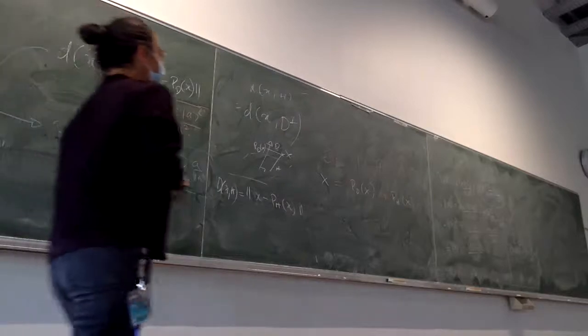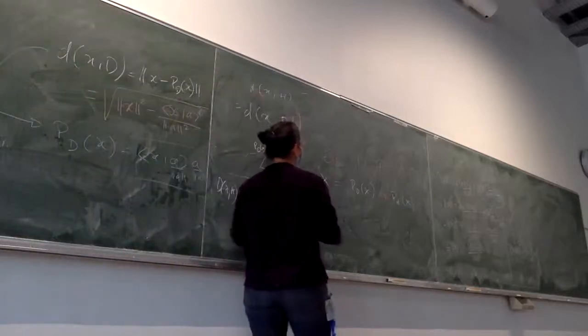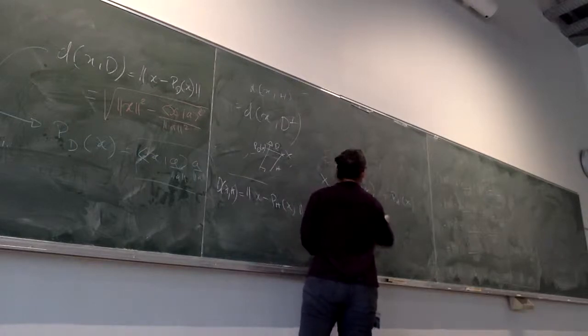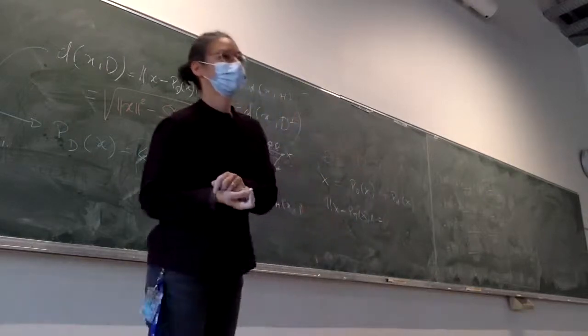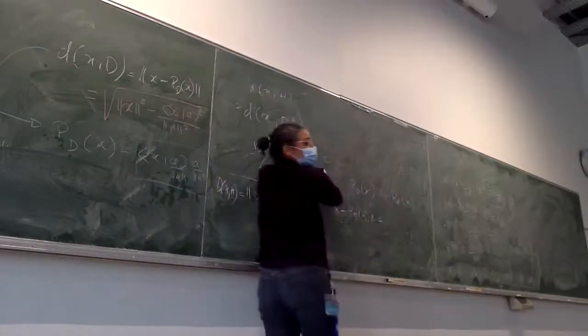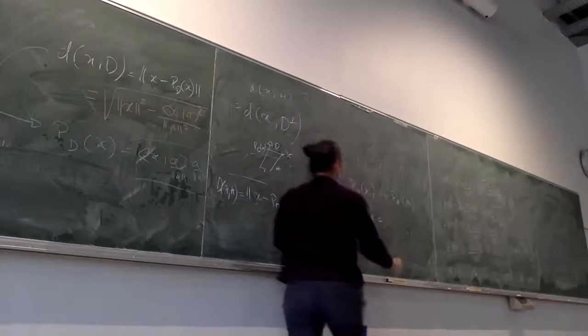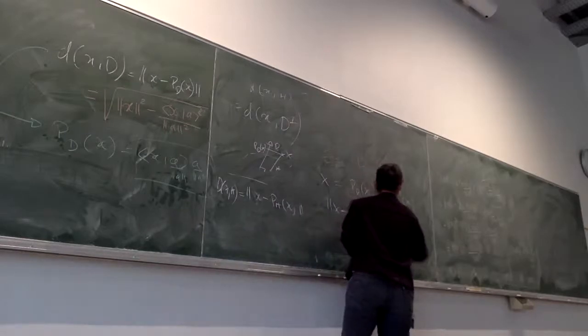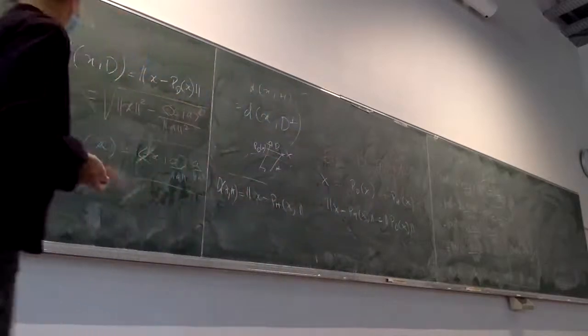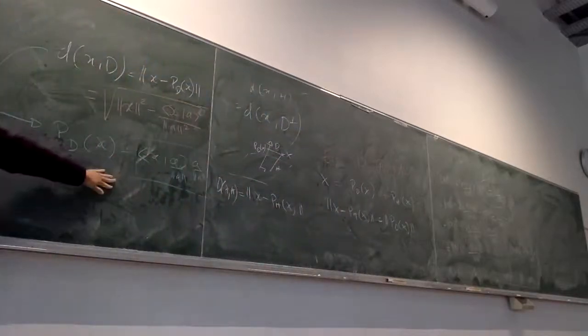Okay? So now if I want to compute the norm of X minus PH of X, X minus PH of X, it's PD of X. And so it's exactly the norm of that, right?